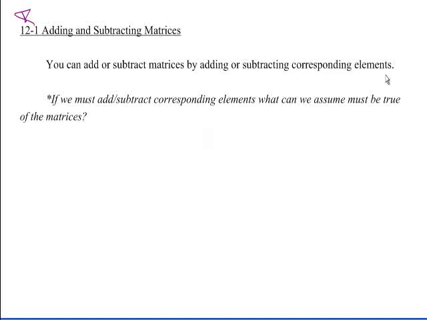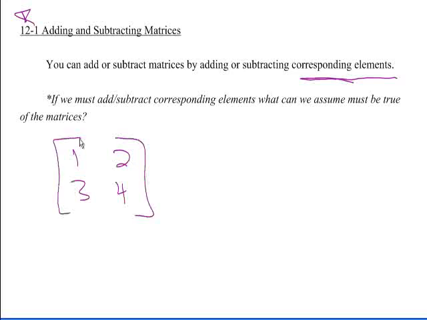So this second part leads to a really good question. If we must add or subtract corresponding elements, what can we assume must be true of the matrices? So if I make a 1, 2, 3, 4, so we're going to make a 2 by 2, and let's say that I want to use addition, and let's say 4, 5, 6, 7, and let's make this negative 8, just to realize we can have negatives in here.